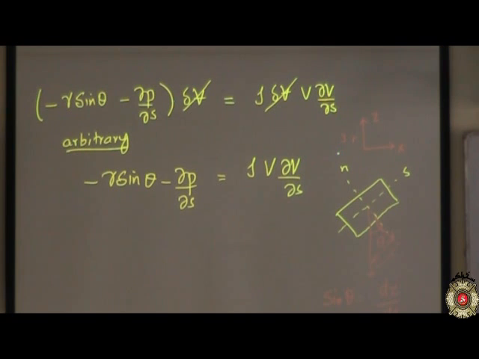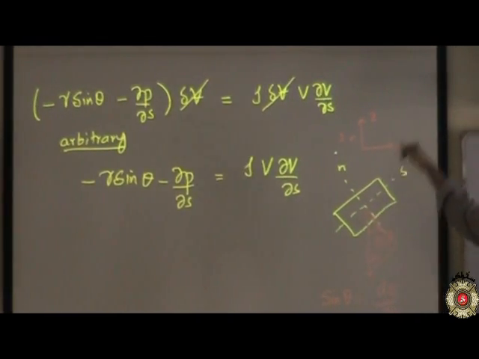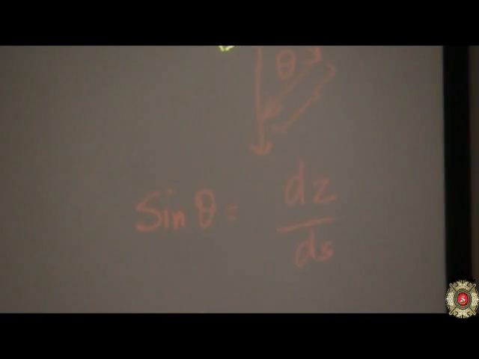You have S and N changing, but the global frame of reference is the same: X, Y and Z. Y is going into the board, X is as given here, and Z is this one, along which gravity acts, because no matter how you tilt the body, it always acts in the Z direction.